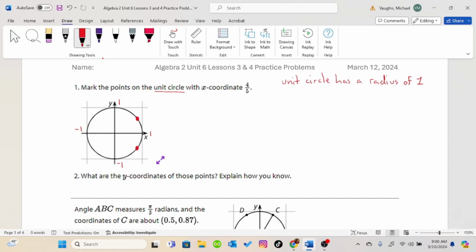And these would be 4/5, y, and the bottom one would be 4/5, -y.